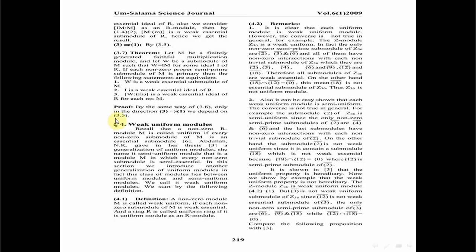After that, I gave section 4 about weak uniform modules, as a generalization of uniform modules and semi-uniform modules, which were introduced by Ali Sabe and Nada Dabba.